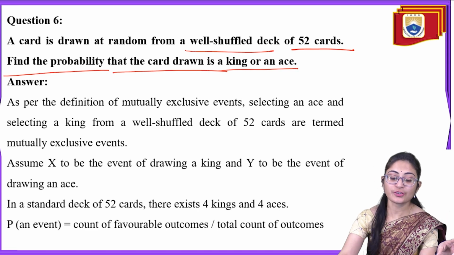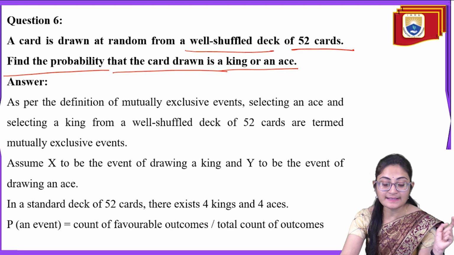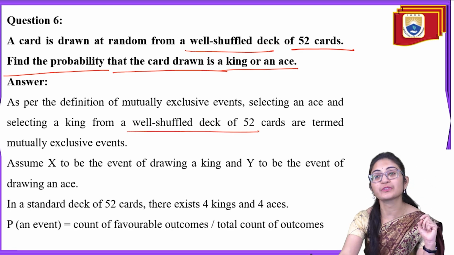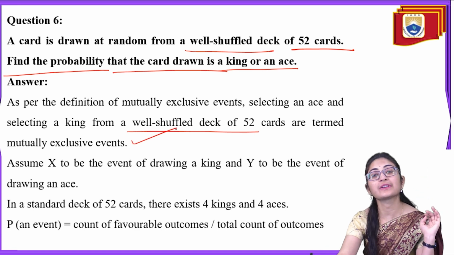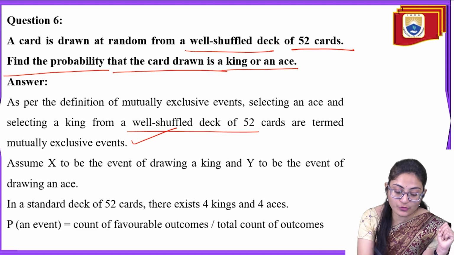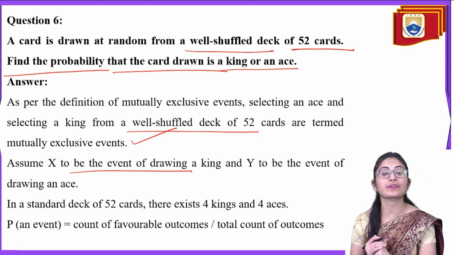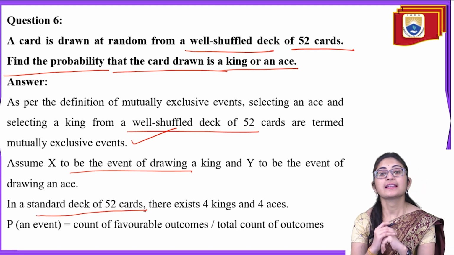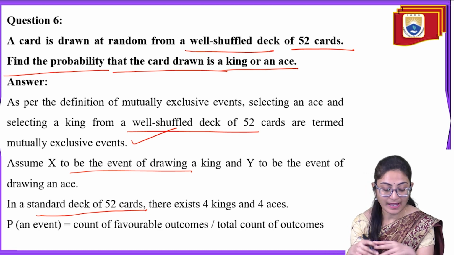As per the definition, selecting an ace and selecting a king from a well shuffled deck of 52 cards are mutually exclusive events. Assume X to be the event of drawing a king and Y to be the event of drawing an ace. In a standard deck of 52 cards, there exist 4 kings and 4 aces.